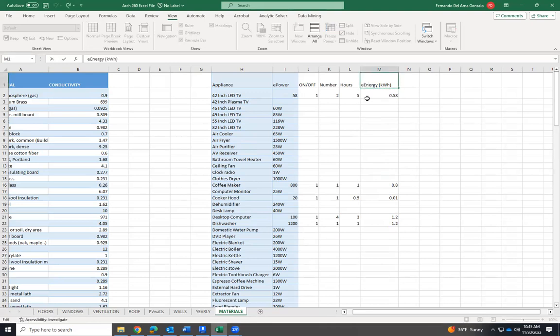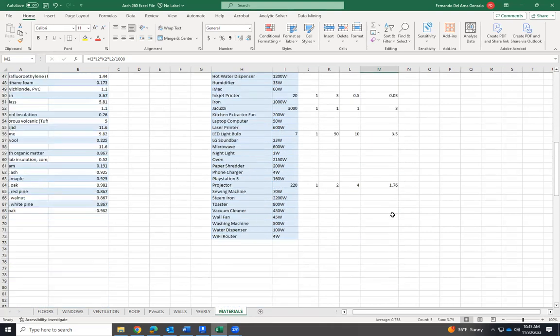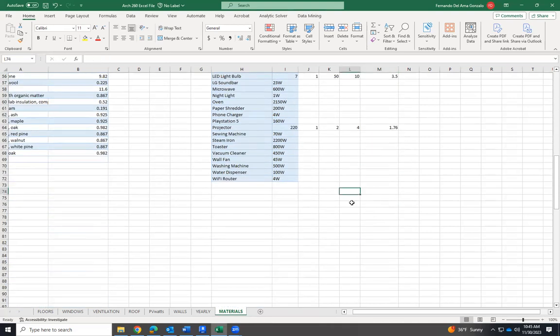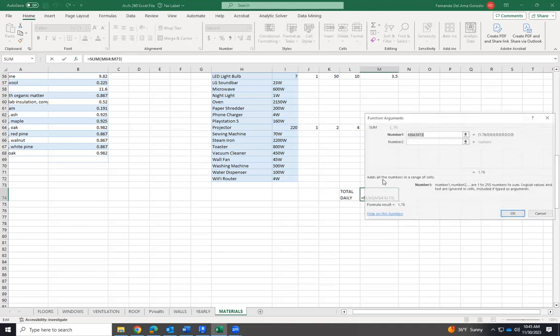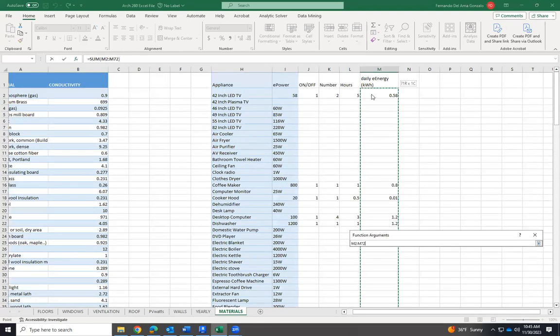So we can say that this is the daily energy consumption in kilowatts. What's the total daily energy consumption? Total daily is the sum of all the values that we have in this column.